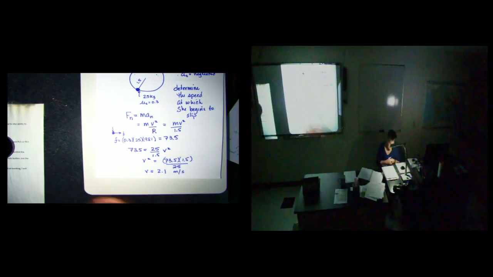And the mass of the car with passengers is equal to 200 kilograms.